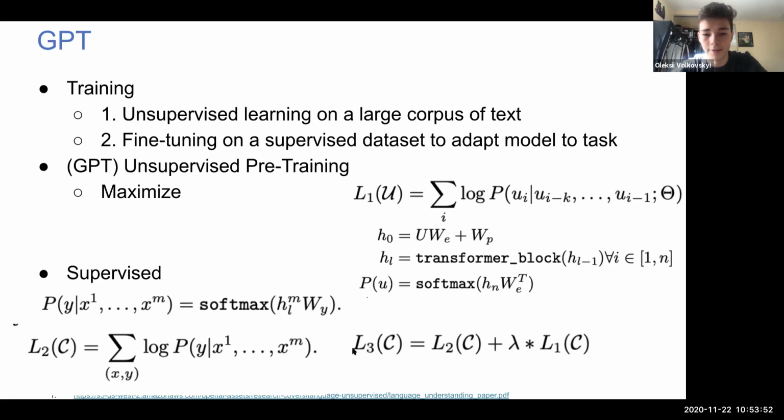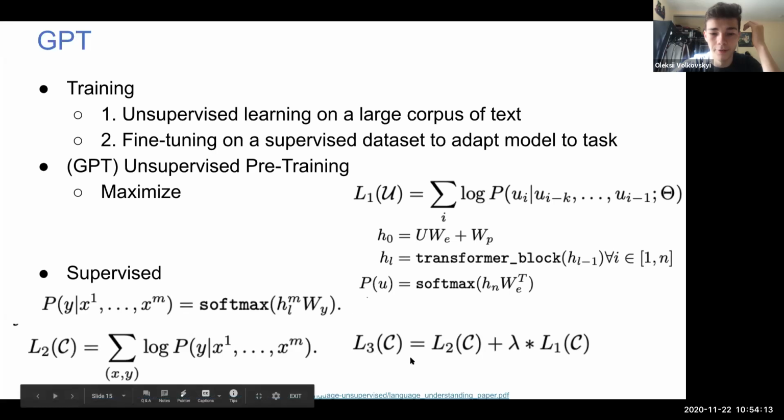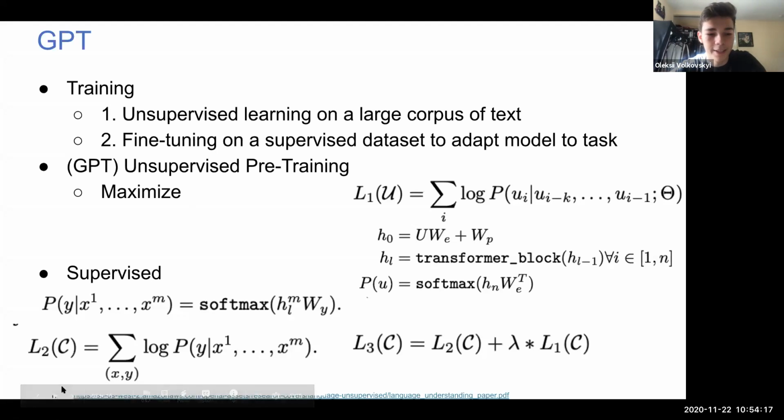And they found they can even do better by learning both the English language and the task at the same time, which is why they can combine these objectives. They're not losses, you're maximizing them, so they're objectives, into this L3 objective, which is both learning the English language and your question answering task.